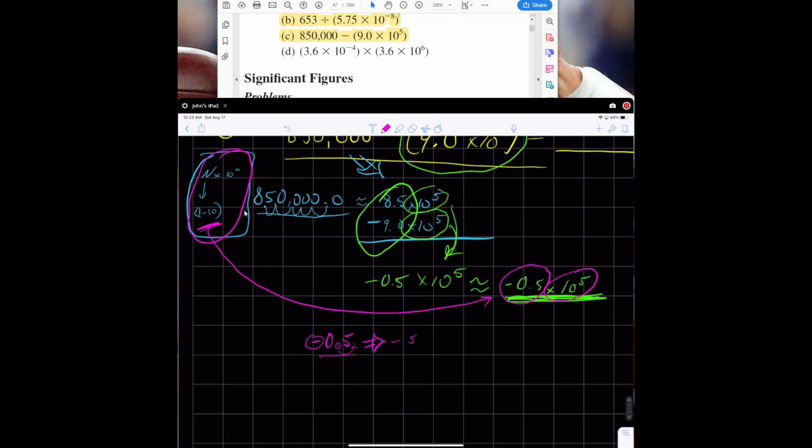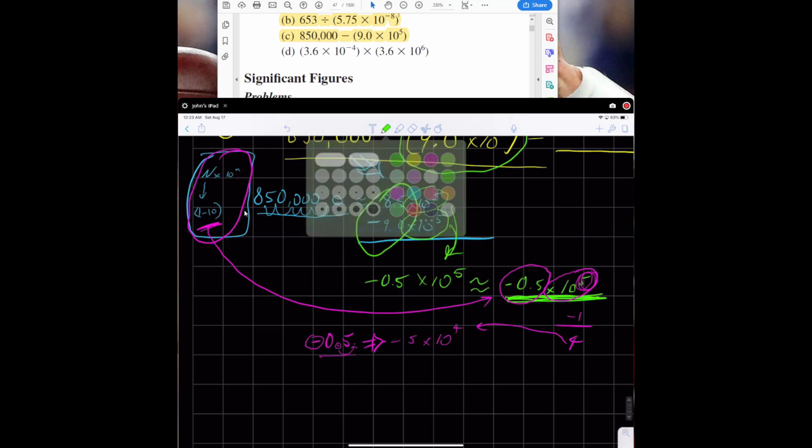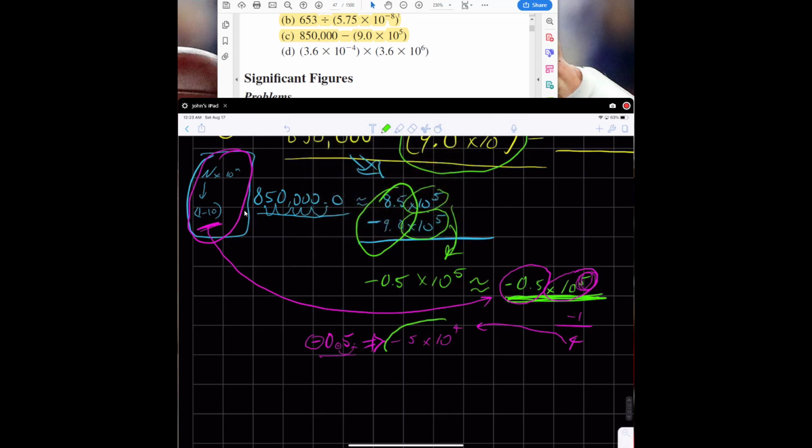If we moved 2 places to the right, we would subtract the exponent by 2, but that's not the case here. So since we moved 1 place to the right, we subtract 1 from the positive 5 right here, and it becomes positive 4. So now our answer is correct.